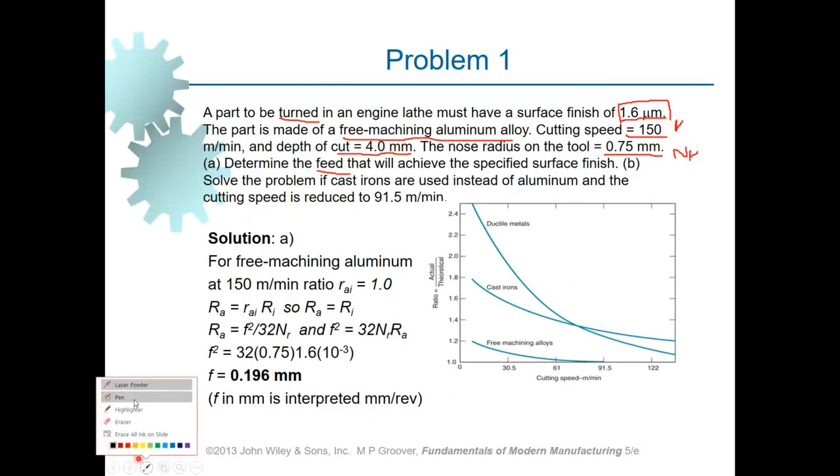If we have the values of Ra and the value of F at hand, then we can easily compute it, since Nr and RA are given. We can easily compute the value of F, and that corresponds to 0.196 mm. So if we make use of a feed of this much for this given operation, the resulting surface finish will be 1.6 micrometer, and that's what we need.